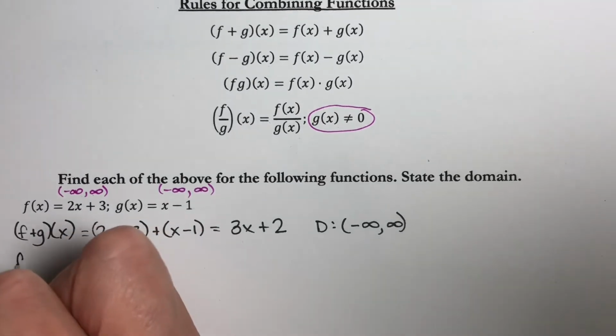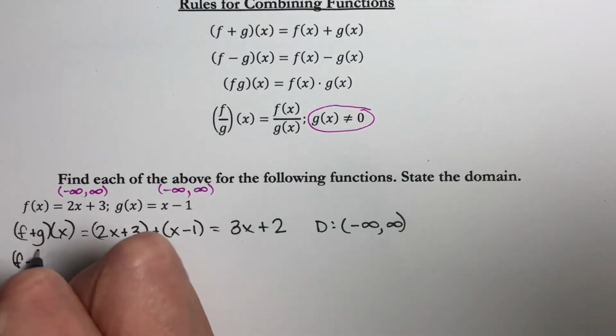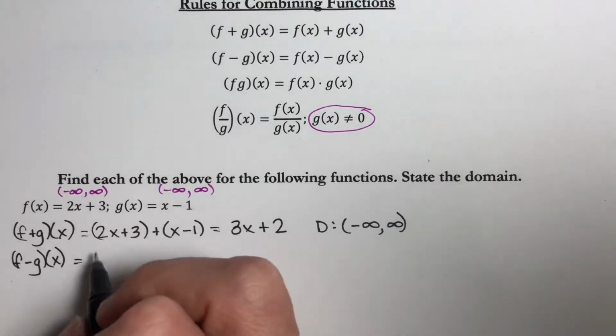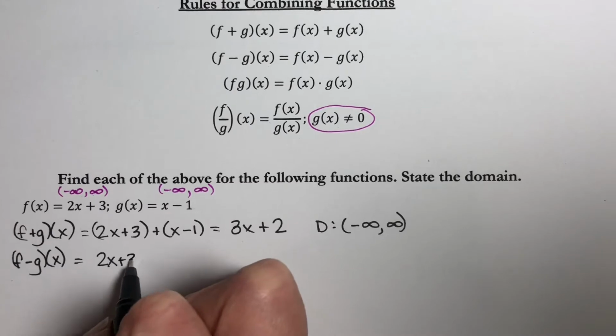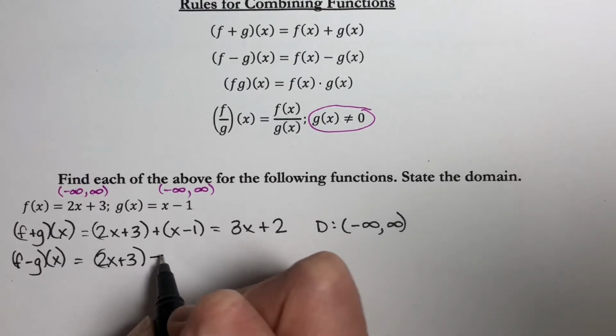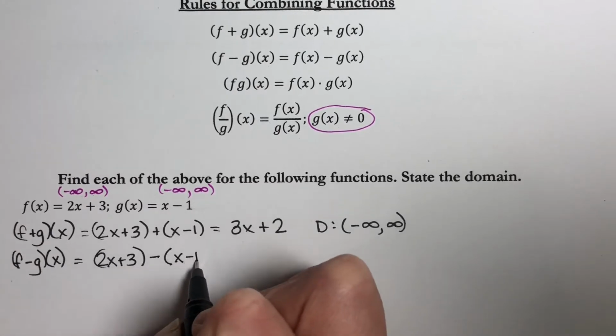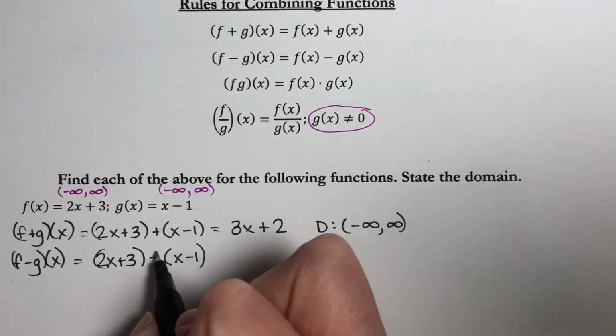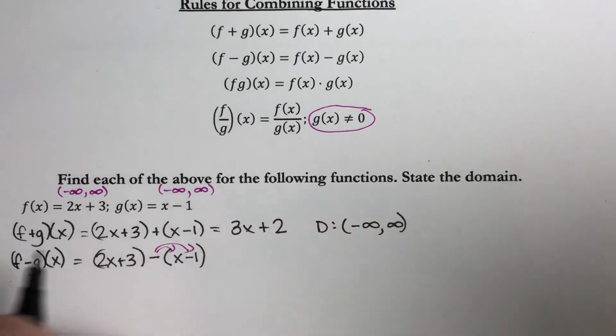Okay, so let's find f minus g of x. This says I find f of x, which is 2x plus 3, and I'm going to subtract g of x, which is x minus 1. Now this time the parentheses do matter because I have a negative 1 here that I need to distribute.